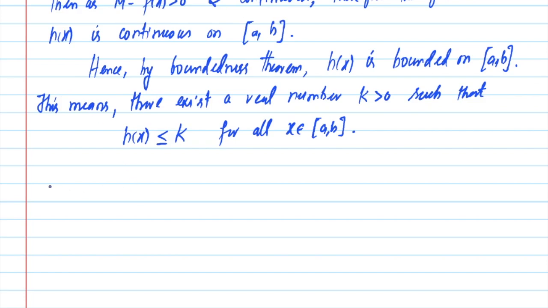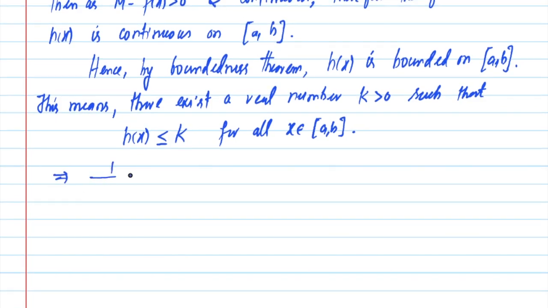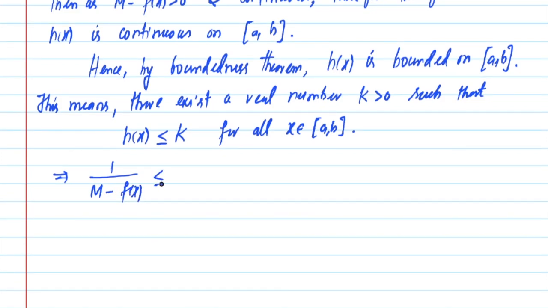Now what is our value h(x)? This implies 1 divided by (M minus f(x)) is less than or equal to k for all x in the interval [a, b].